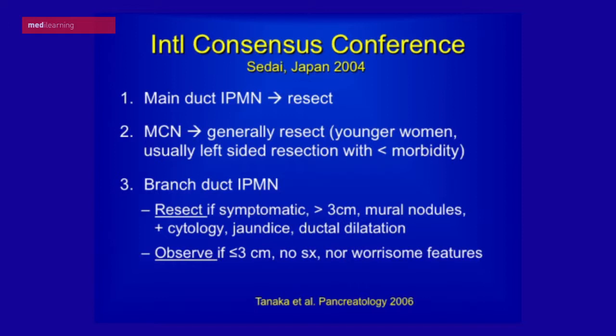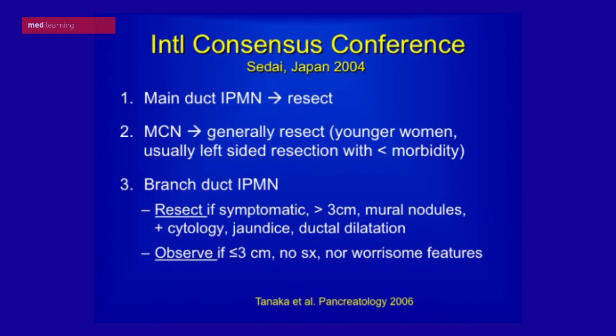Branch duct IPMT, we resect if they're symptomatic, if it's greater than 3 centimetres, and I'll come back to that, if there's the mural nodules I described, or if they have complications relating to the disease, jaundice, pancreatitis, etc. For those less than 3 centimetres, we generally observe them as long as there's no worrying features.